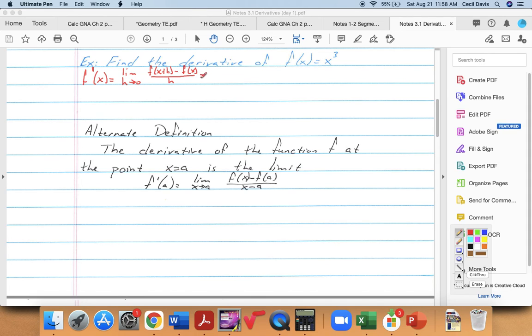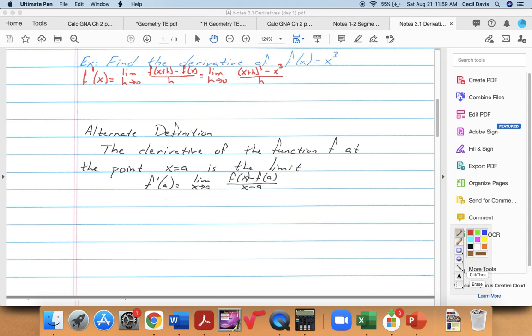In this case, that will be the limit, and you've got to keep writing that limit until you have evaluated it, as h goes to 0 of, I'm going to replace x with x plus h. So that's going to be x plus h quantity cubed minus f of x, which is x cubed, all over h.